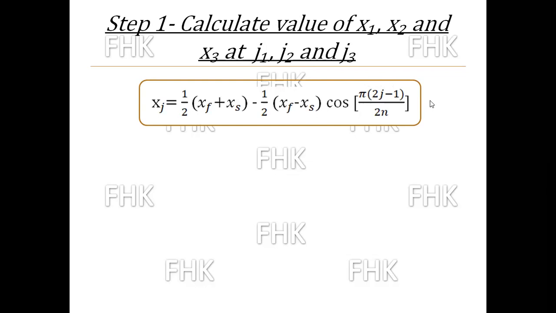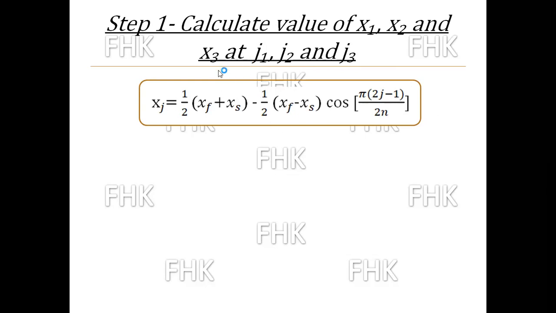Remember that point from the examination point of view: if you don't convert that value into degrees, your complete answer will be wrong. So before finding the cos of this value, I have to convert that term into degrees by multiplying by 180/π.